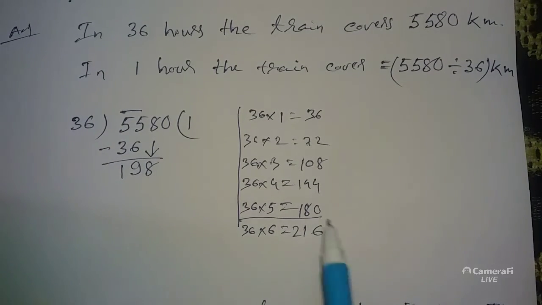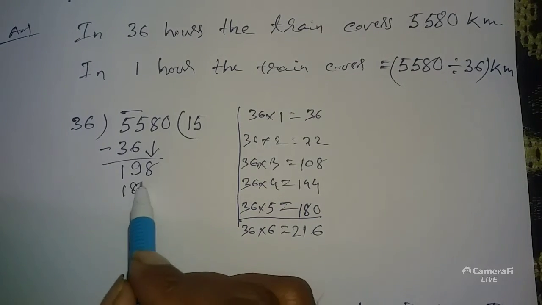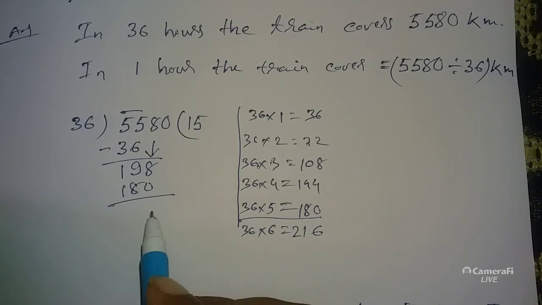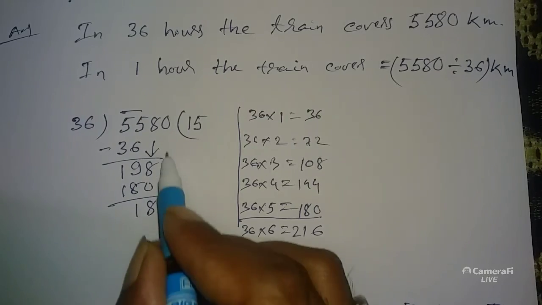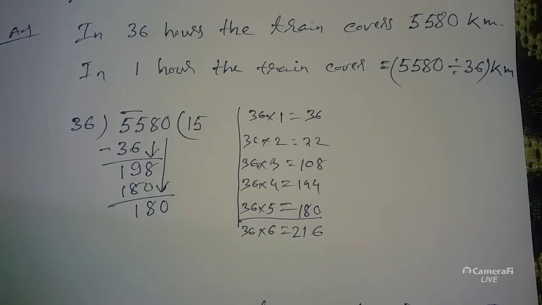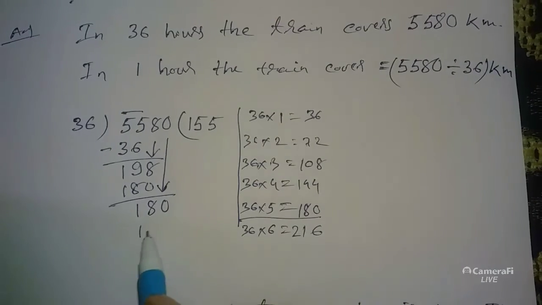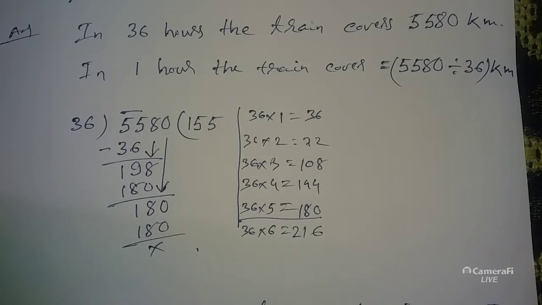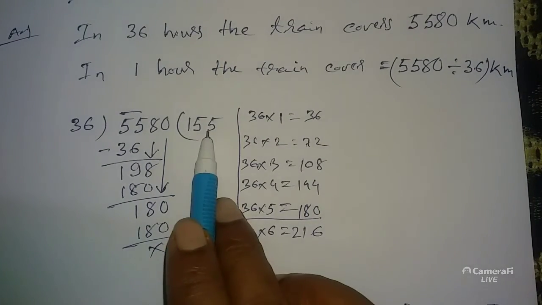So we will take this one by 5. It is 180. Subtract, 18. Now take this 0. Again by 5 we get 180. Division is completed and the quotient becomes 155.